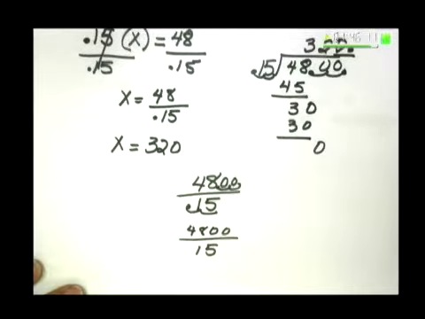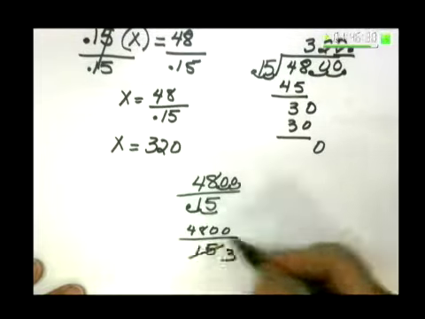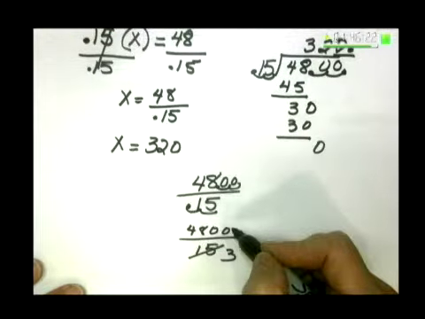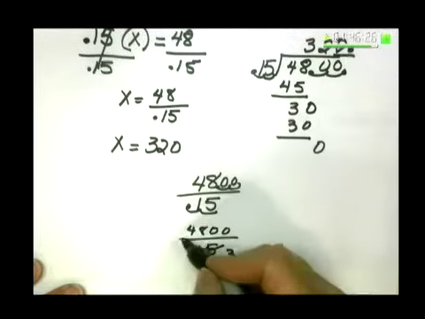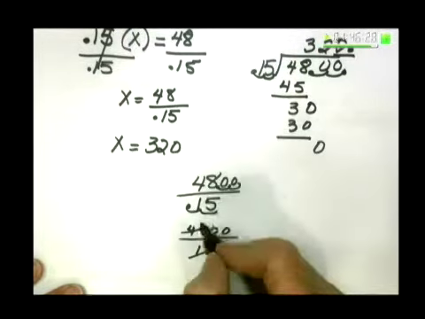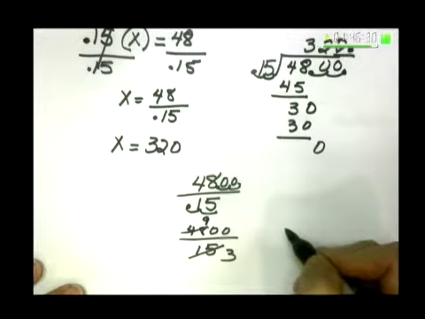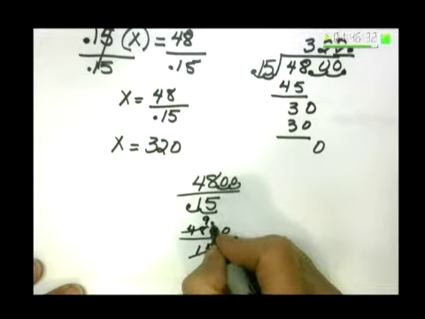And I reduce. I know that 5 goes into 15 3 times. And I know 5 will go into my numerator because it ends in a 0. Any number that ends in a 0 or a 5 can be reduced by 5.